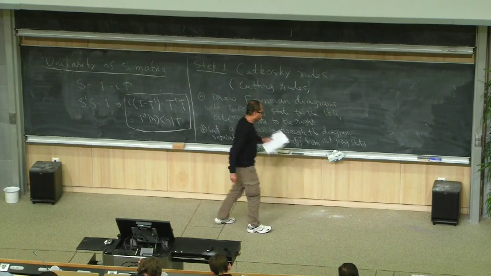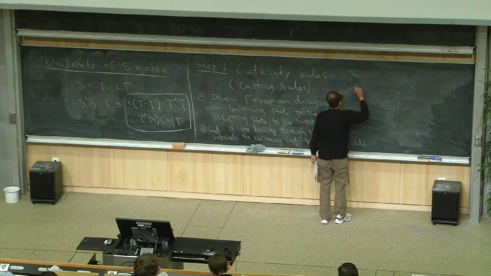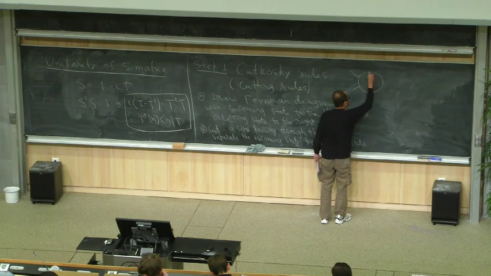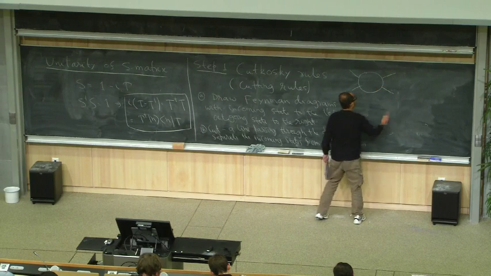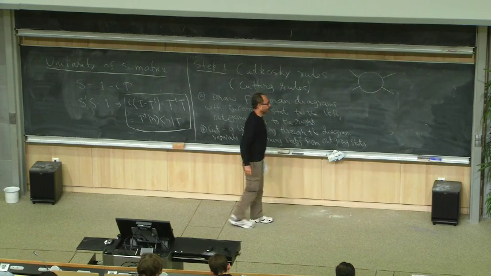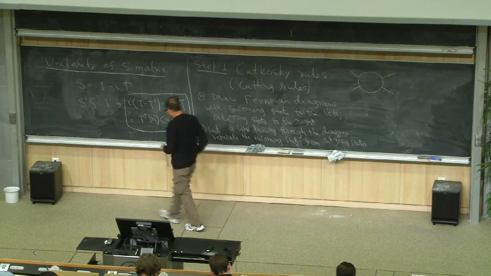So for example, if we have a Feynman diagram like this, we can draw many possible cuts.